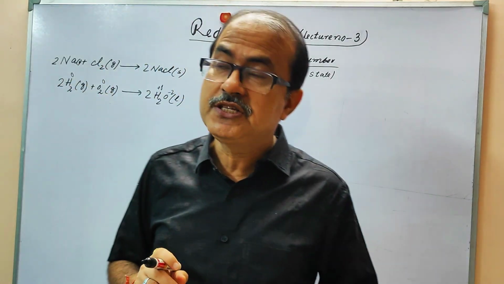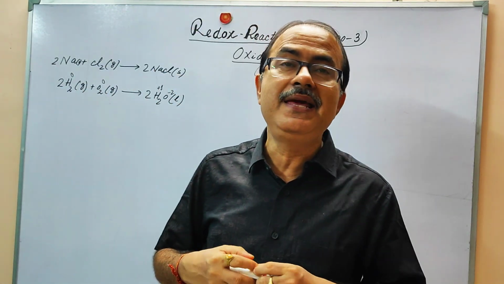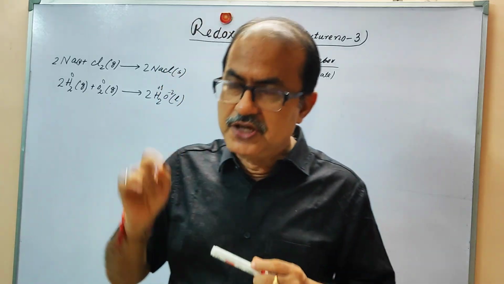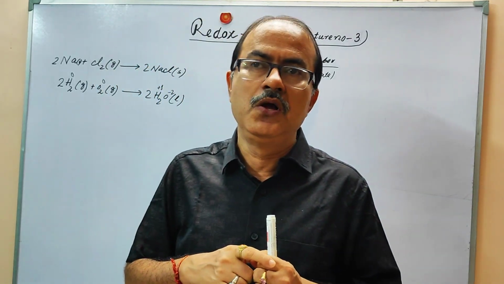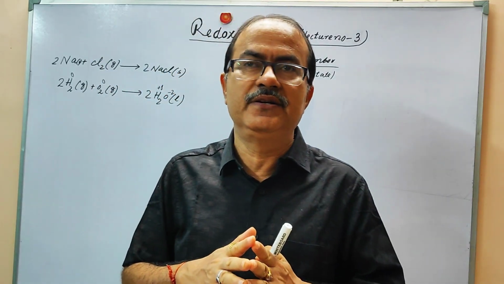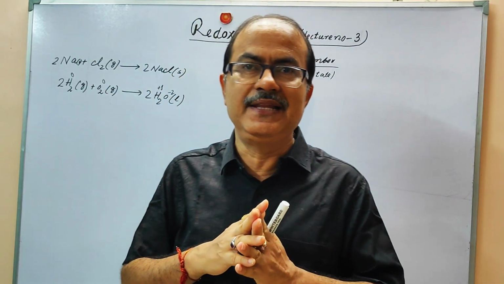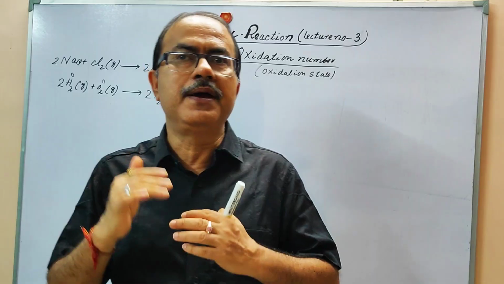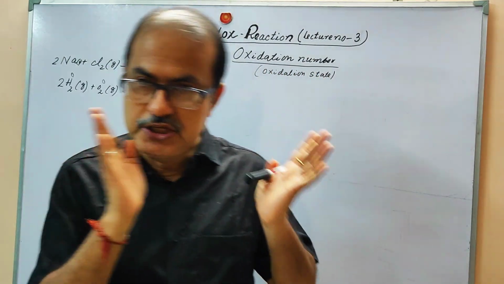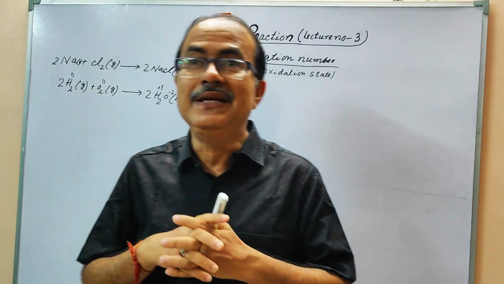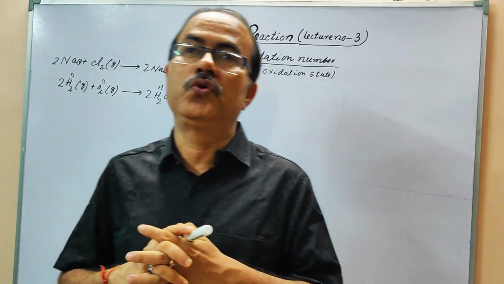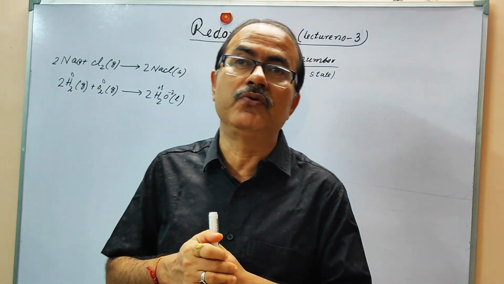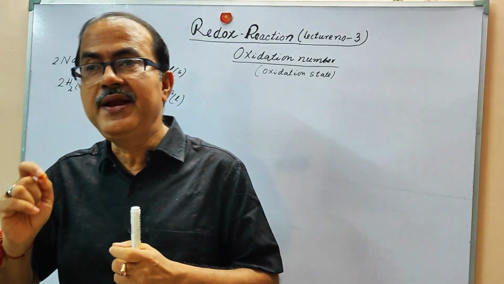Oxidation number basically defines the oxidation state of the atoms of the element when they are covalently bonded or electrovalently bonded, and we are assuming that the electrons involved in the covalent bonding have been totally shifted to the more electronegative element, and on the basis of separate rules we will say the oxidation number.